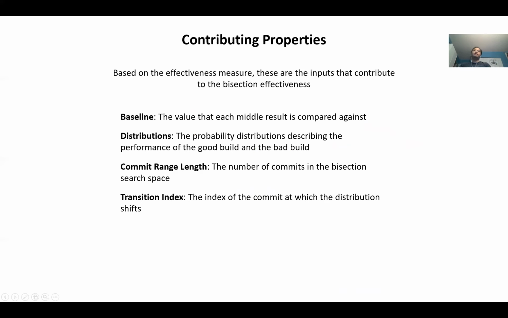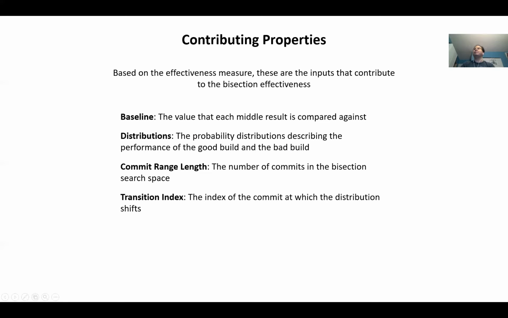Based on the effectiveness measure, there are certain inputs that contribute to the value of the effectiveness. These are the four contributing properties. The first one is the baseline, the value that each middle result is compared against.